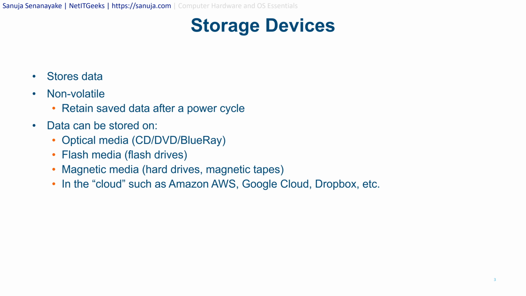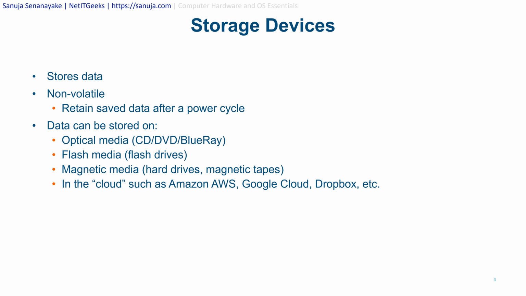Magnetic media, often known as hard drives or disk platter drives, as well as magnetic tapes, which are also considered part of magnetic media. And also you can save data on the cloud, such as Amazon AWS, Google Cloud, Dropbox, etc.